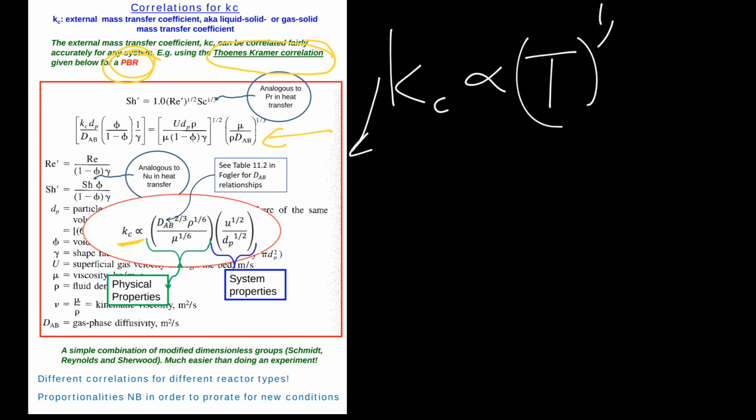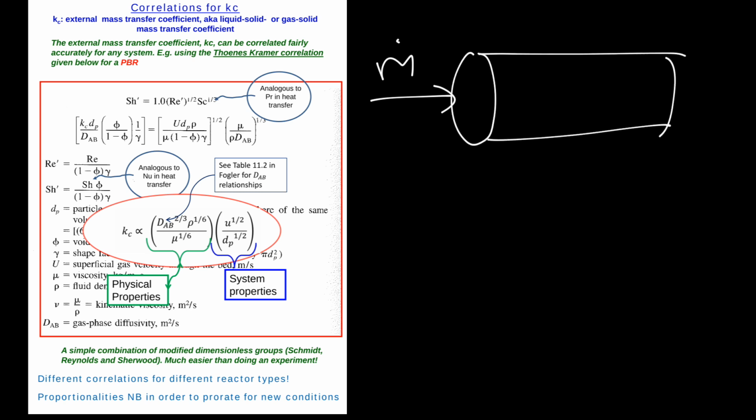In some correlations or in some textbooks, I think Fogler is one of them, they actually say that Kc, if you apply this Thoenes-Kramers correlation, is pretty much directly proportional to temperature to the power of a sixth. So that's a very weak temperature dependence of Kc because of the fluid properties on which it depends.